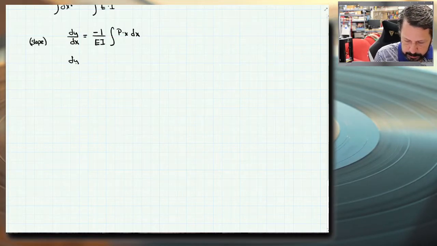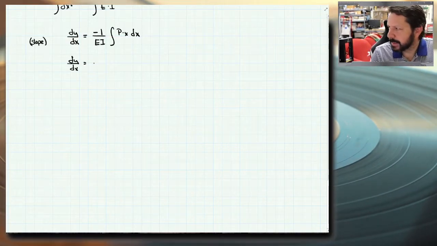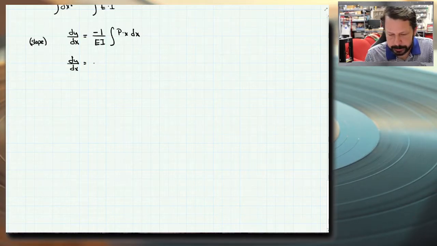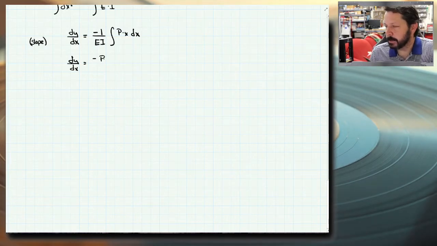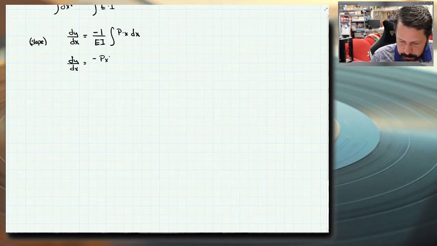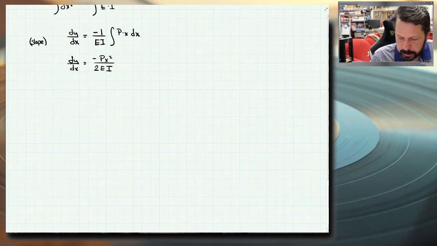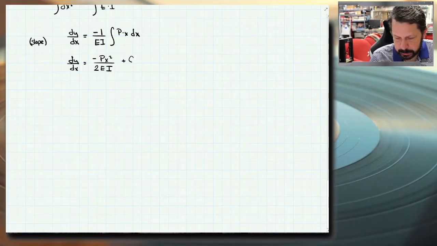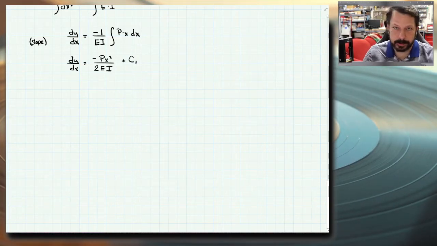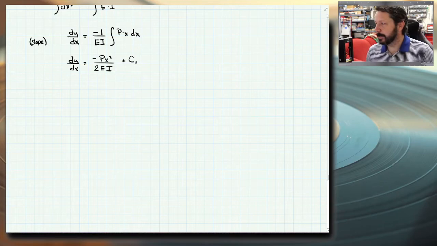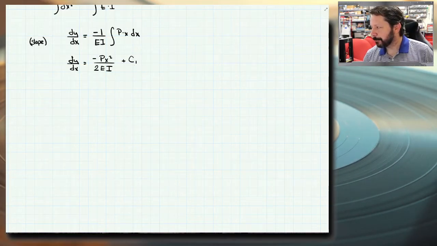So dy over dx equals negative P times x squared over 2EI, plus some constant. I'm going to call it c1 because I need to integrate again, so I'll generate another constant of integration in a second.